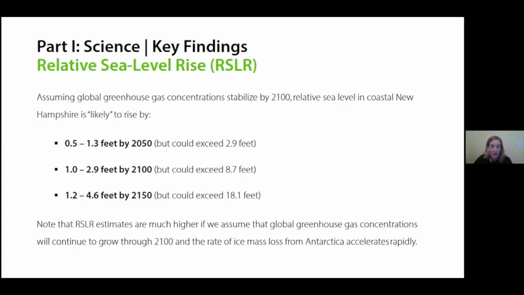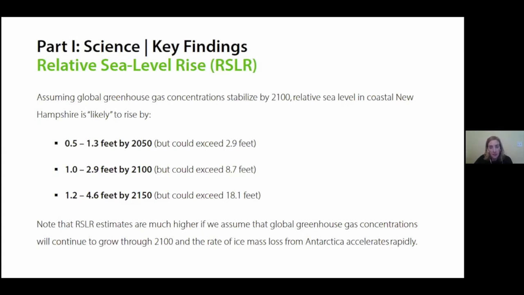And though less likely, we could exceed 2.9 feet by 2050. We're likely to see up to 2.9 feet of relative sea level rise by 2100, and it's less likely but possible that we'll exceed 8.7 feet by 2100.